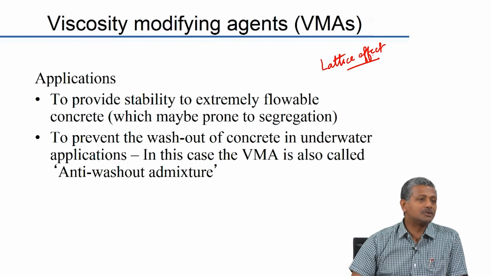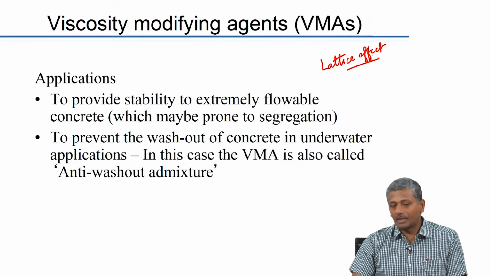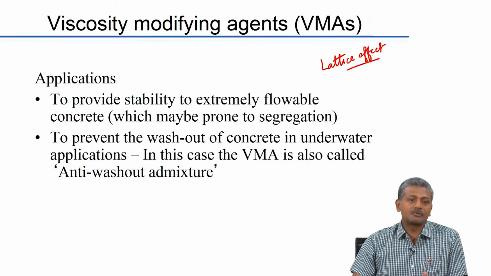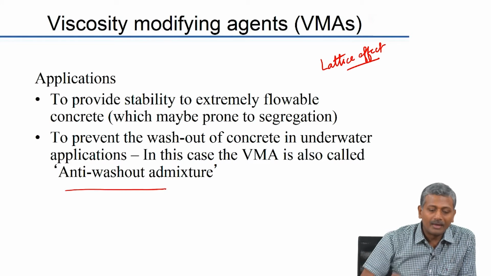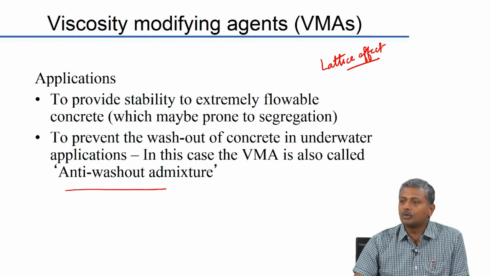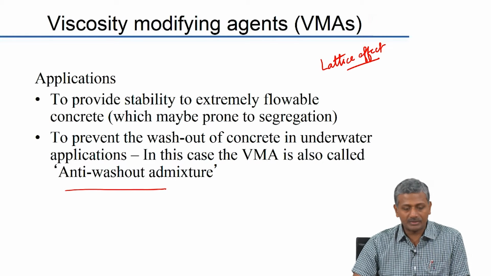So, because of that you need specific cohesive ingredients to be included in your concrete. That was the first instance of using VMA as an anti-washout admixture. In the past it was also called an anti-washout admixture, but today we commonly know this as a rheology modifying additive or a viscosity modifying agent.